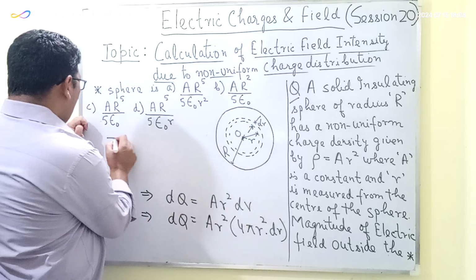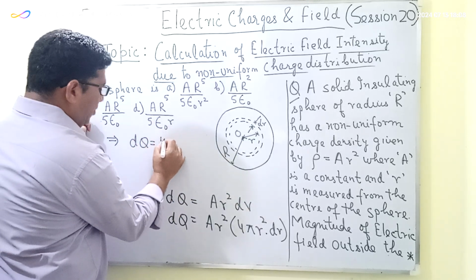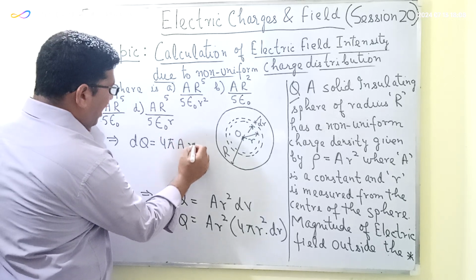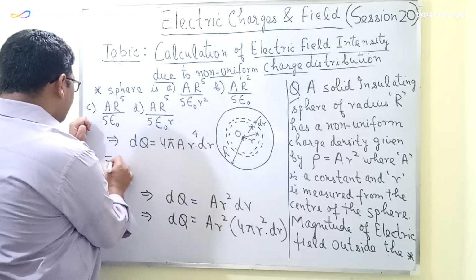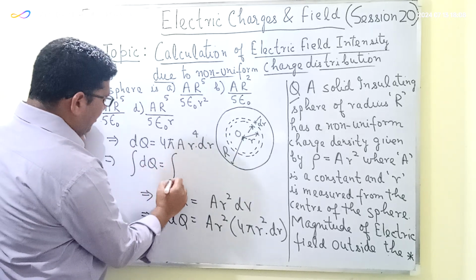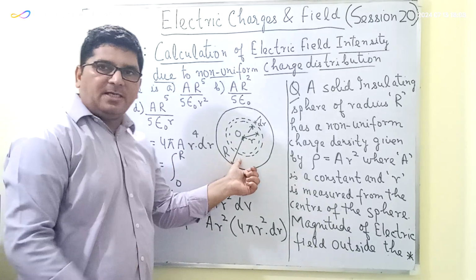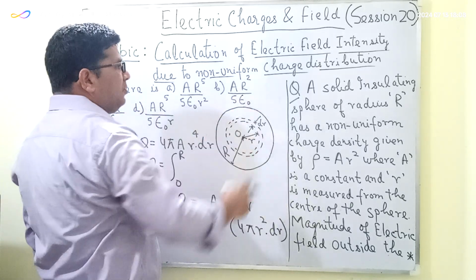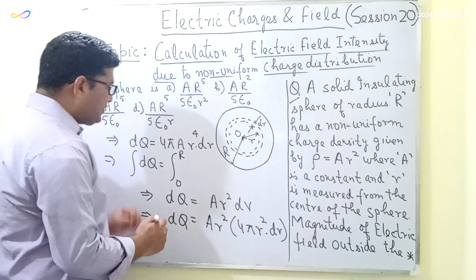So from this equation I am getting that dq is equal to 4 pi A r^4 dr. If I integrate this equation from 0 to R, where capital R is the radius of this insulating sphere, I will be able to find the total charge which is present on this insulating sphere.